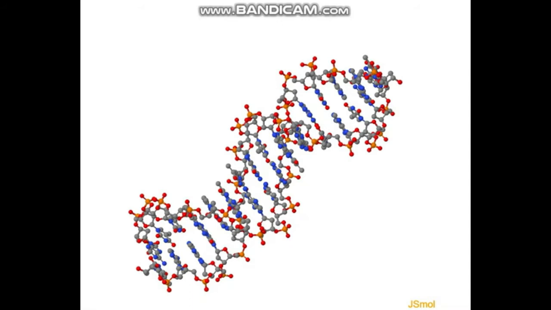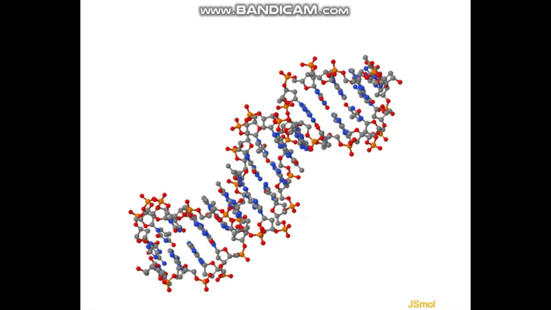If you then fire a beam of X-rays at the crystal, the X-rays get diffracted. As they interact with the electrons in the atoms, they get diverted in different directions, and you get interference patterns as a result of the diffraction from the different atoms in the structure.